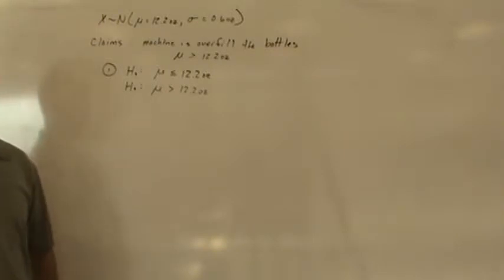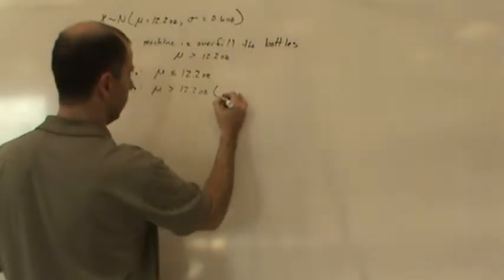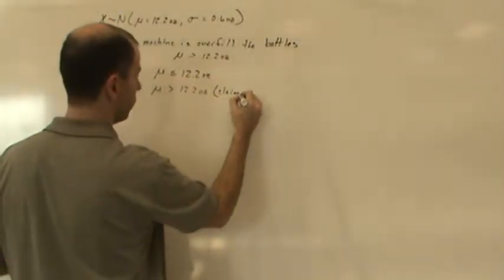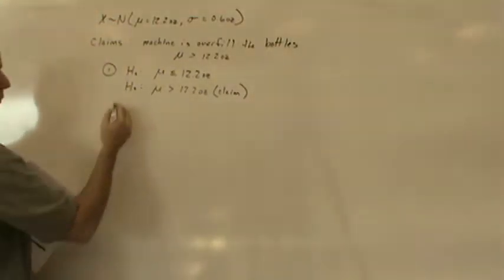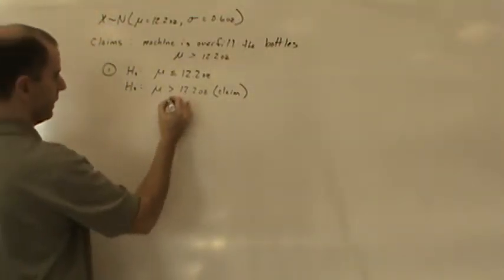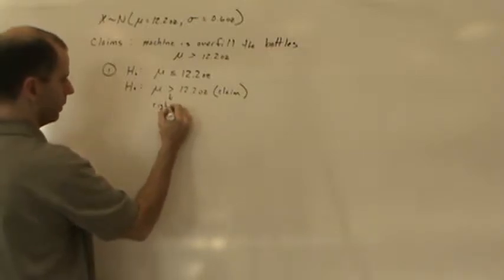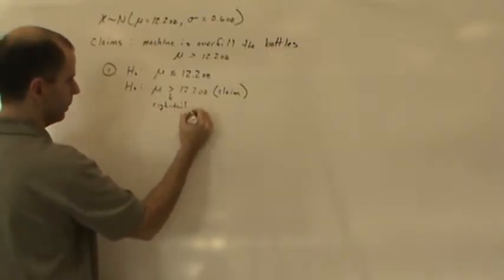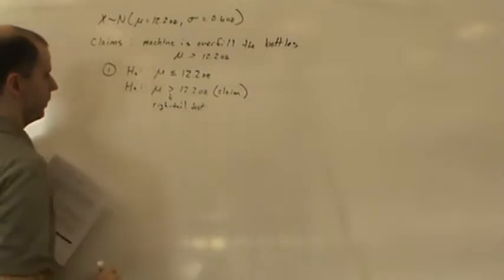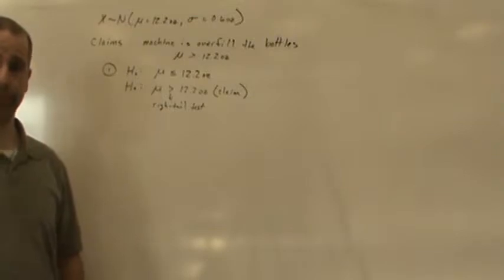Okay, so that's step one. We want to make sure we note the claim here. Also, what's the test? It is going to be a right tail test.